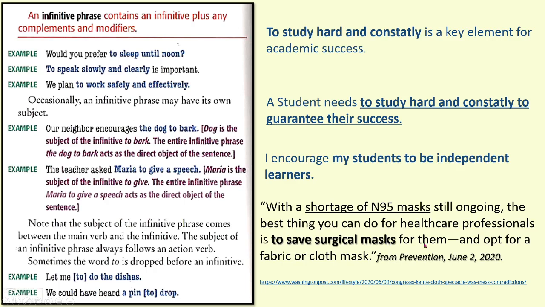So you can invert the order and say to save surgical masks for them is the best thing you can do for healthcare professionals, because you have the linking verb to be, and it is just joining these two noun phrases together.